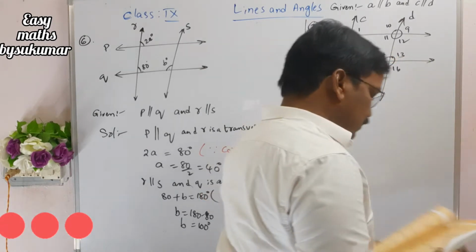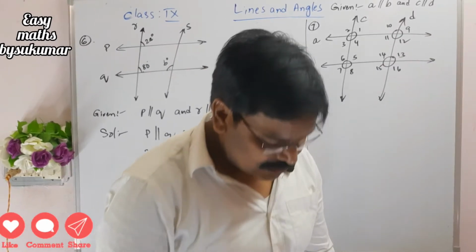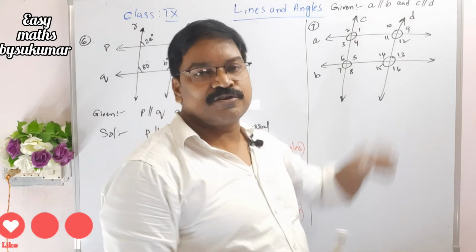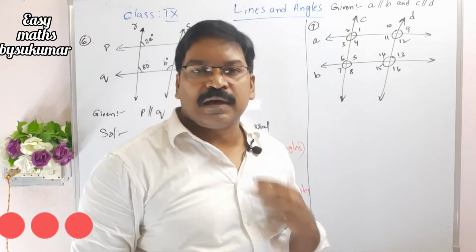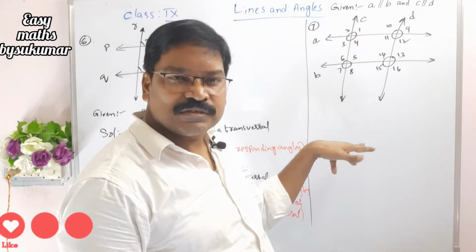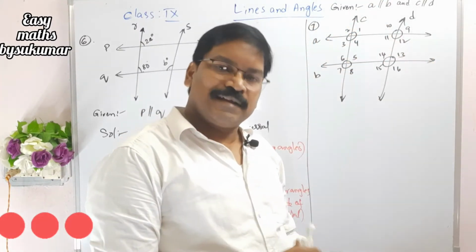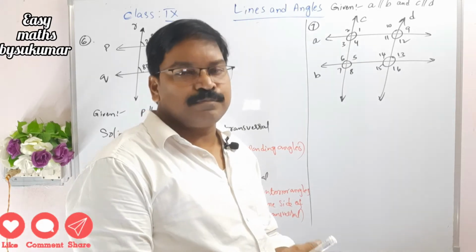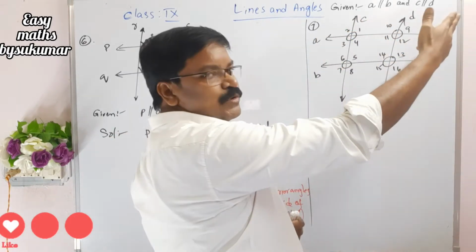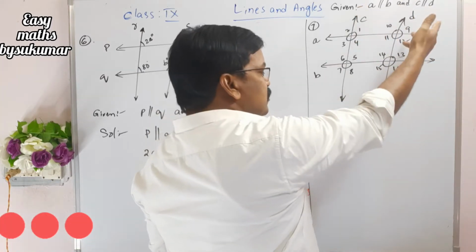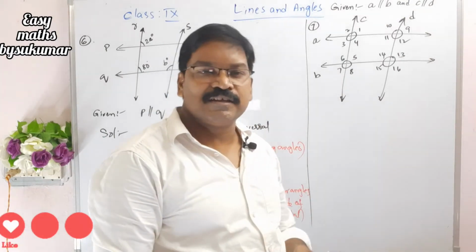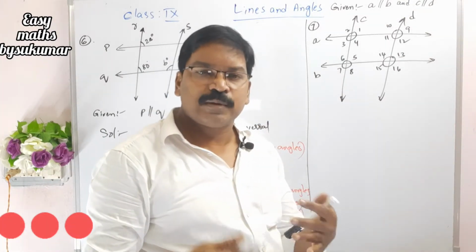Okay, it's an interesting sum. A is parallel to B and C is parallel to D. There are two pairs of parallel lines here. If A is parallel to B, then C is a transversal, and of course D is also a transversal for the parallel lines A and B. If C is parallel to D, then A is a transversal, or B is a transversal for the parallels C and D. Have you got my point?